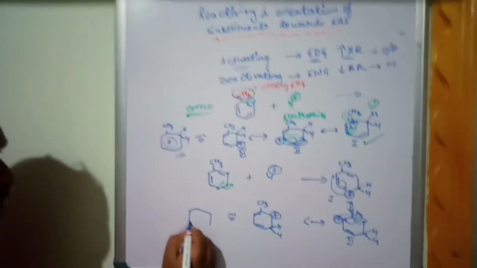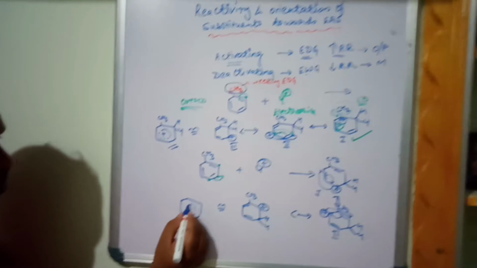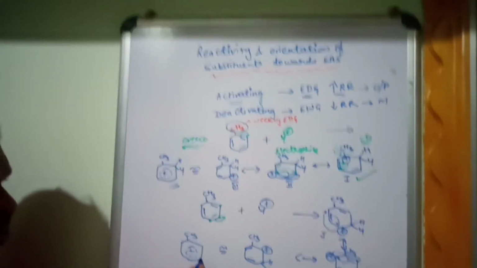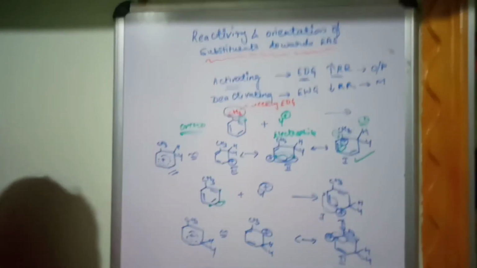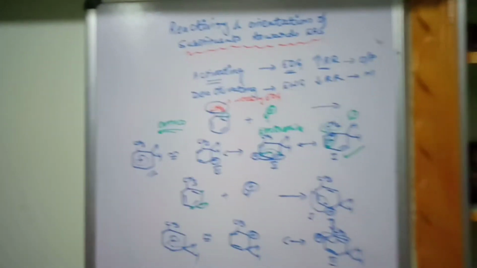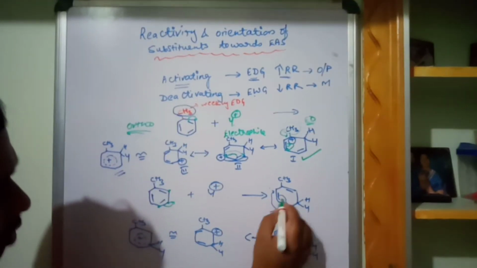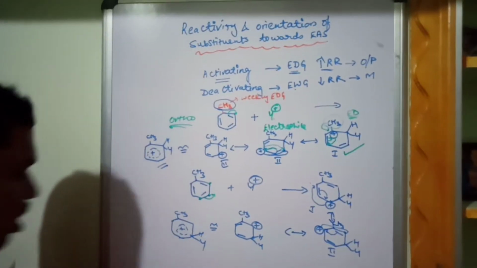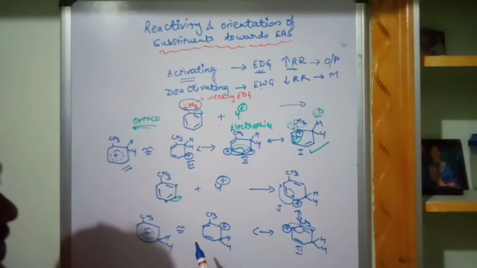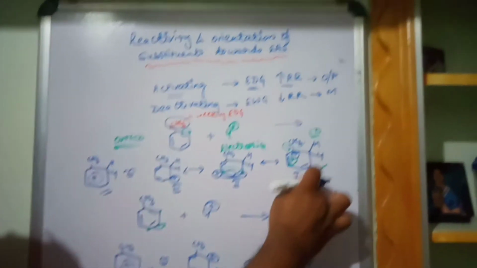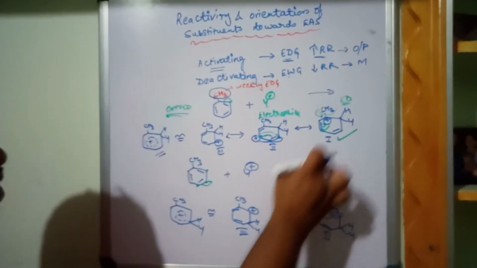Even here also you get an equivalent structure if you take it, but they are not resonance stabilized. Why are they not resonance stabilized? You see all the structures, the first structure, second structure and third structure. Do you have any structure like the first structure here? The first structure is what?